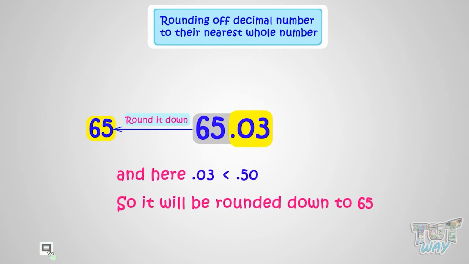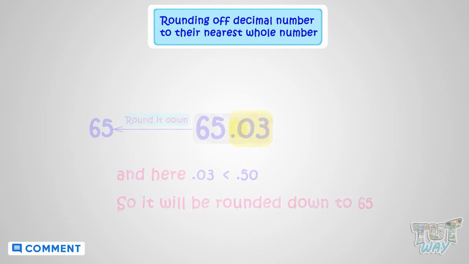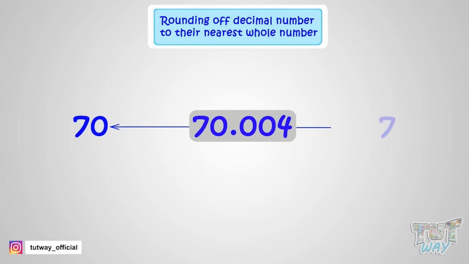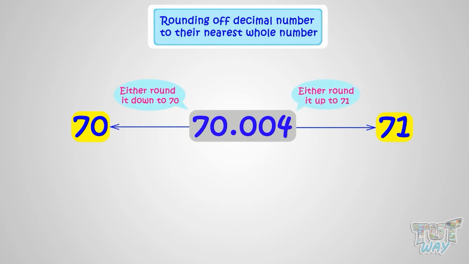Now let's take another example. Now we have the number 70.004. We know this number is somewhere between 70 and 71. It can be either rounded down to 70 or rounded up to 71. For that, we have to see the decimal portion, which is 0.004.